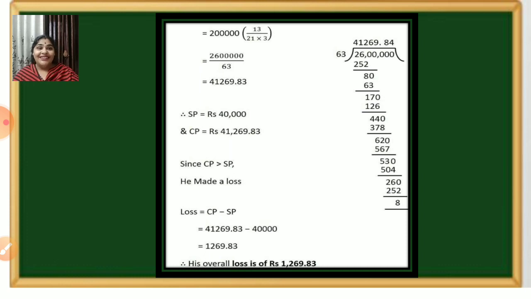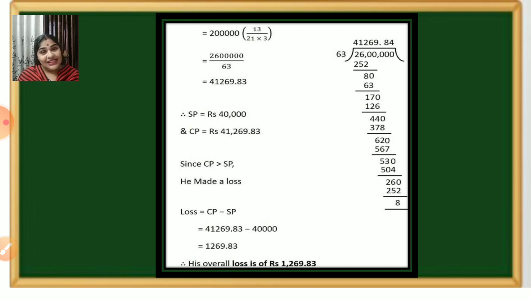Solving, I have shown here, children, on the right hand side. You can see here. Now once you have your selling price, you have cost price. Now compare it. After comparing, we will come to know that CP, that is cost price, is greater than SP, and we know when the cost price is greater than the selling price, there is a loss.